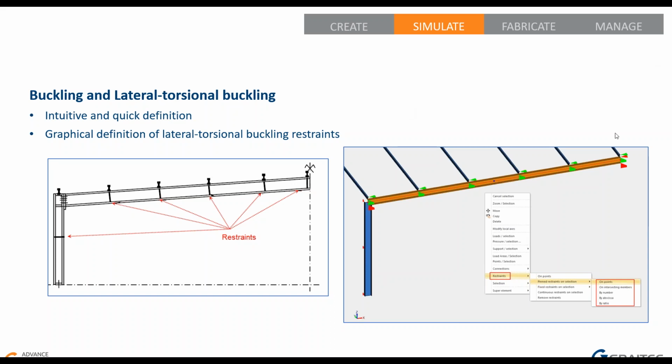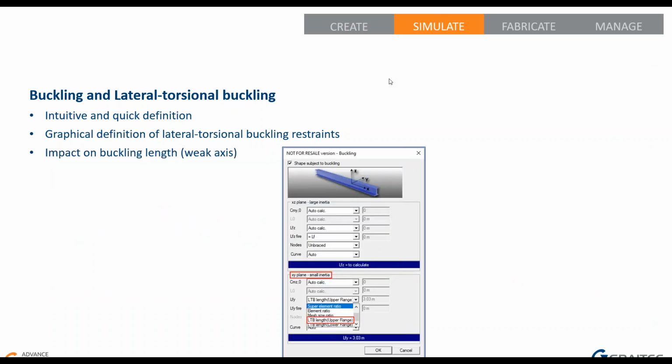It's all graphic, no need to open a dialogue. And not only that, but these restraint definitions can be reused for the buckling in the weak axis, because lateral torsional buckling and buckling in the weak axis are pretty much the same. So you can reuse this restraint definition to save even more time.